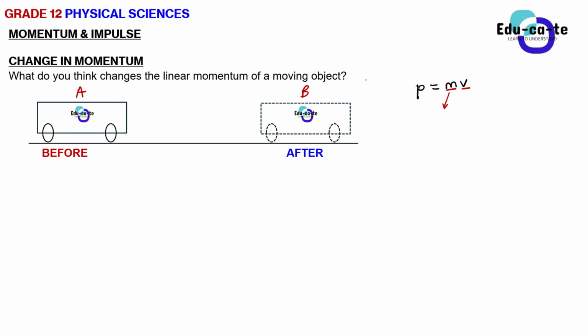But we know that the velocity, as it moves from A to B, can change. So basically, what changes momentum? It is the velocity. Do you all get this?